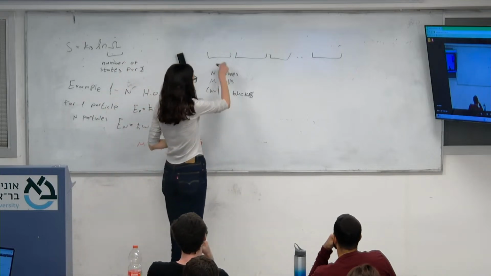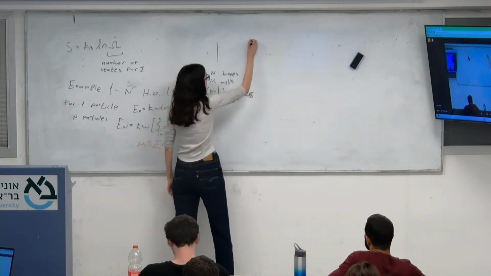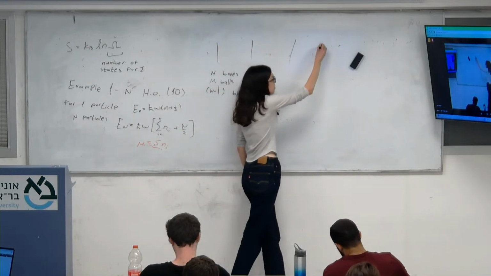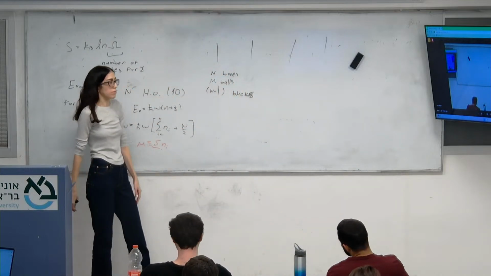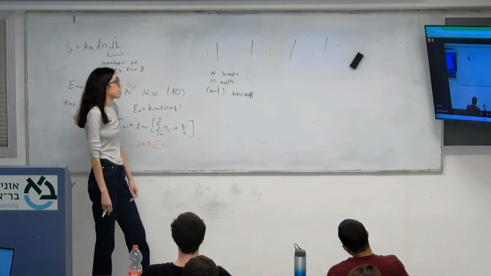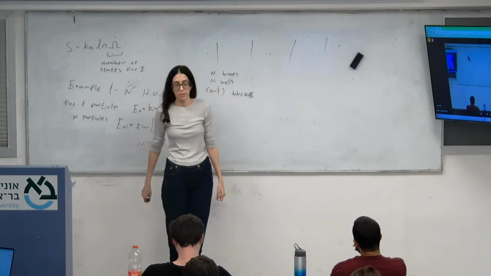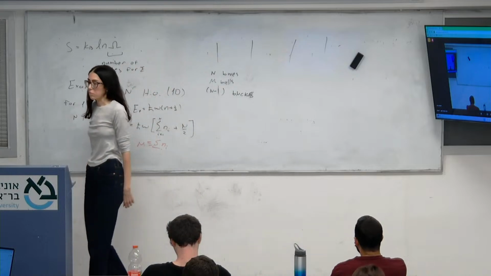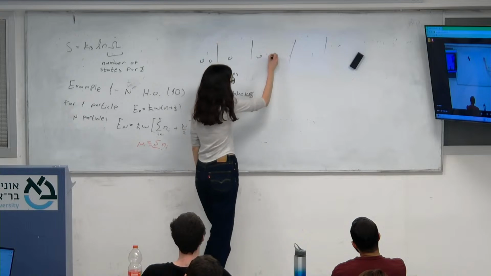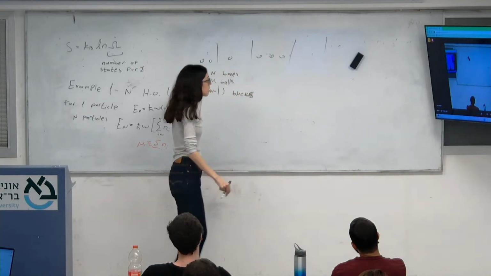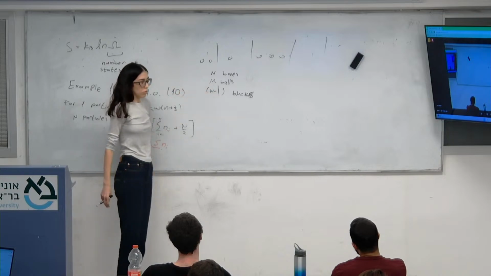Yeah, so instead of n boxes, I have n minus 1 walls that separate between the different boxes. And I have m balls, and I can put them inside the rows. So I have like 2, 1, 3, whatever. How many options do I have to put m balls between n minus 1 walls?